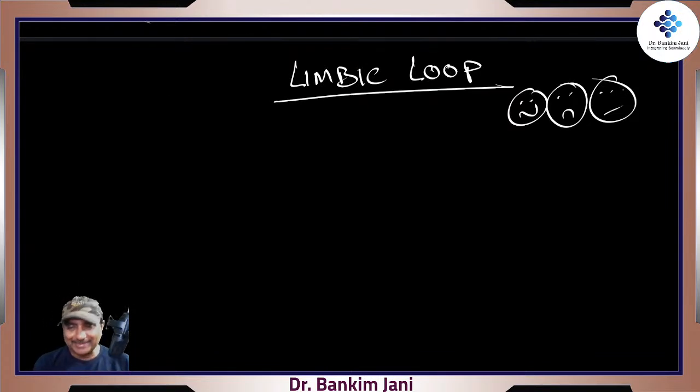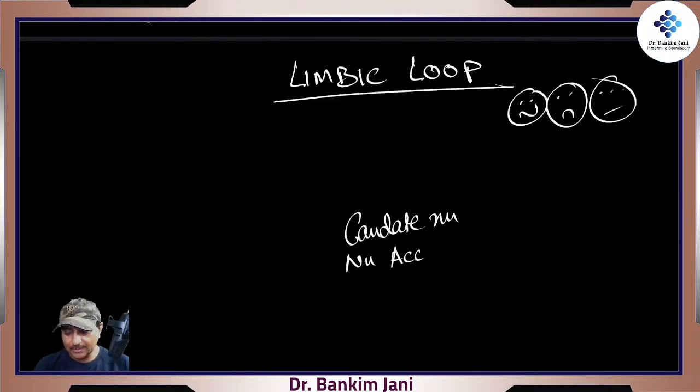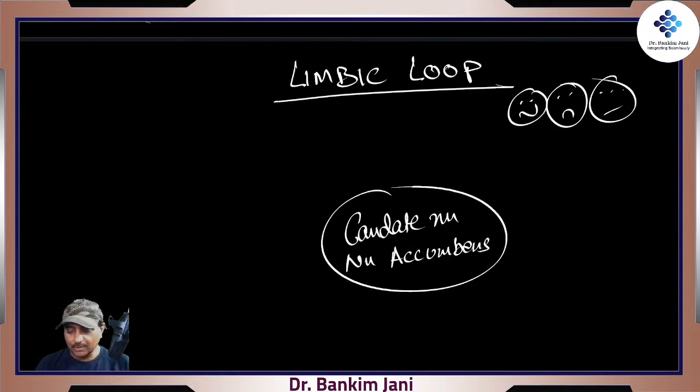But anyway, the point was that, see, the limbic loop, right? Just now I told you about the caudate nucleus. Again, the nucleus accumbens is coming, because this is also important for expressions.